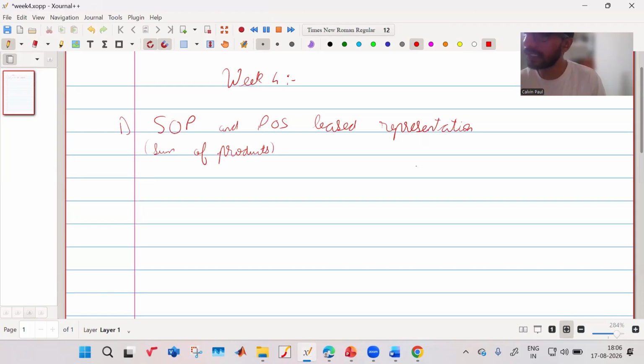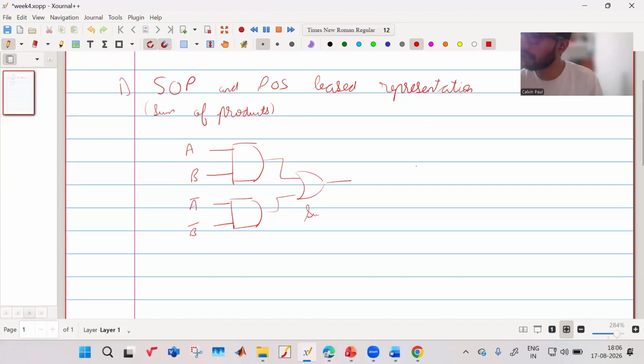Let us say you have this circuit with A, B, A bar, B bar, and then an OR gate. This is the summing operation, and this is the product operation. This is your SOP based representation.